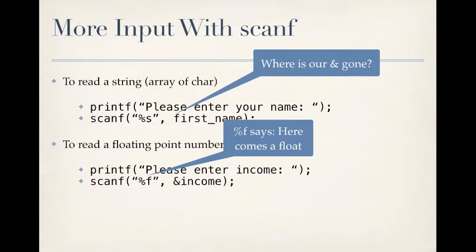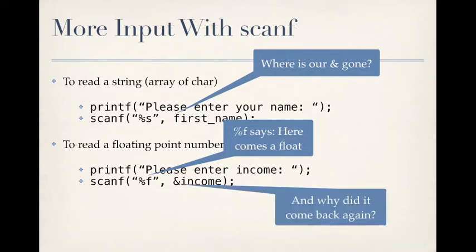And there is just one thing maybe you recognized. Where is our ampersand here? You see, this was no mistake. It is really missing here, and it's here, but here it's back again. So how come? And we'll see this in a couple of slides.